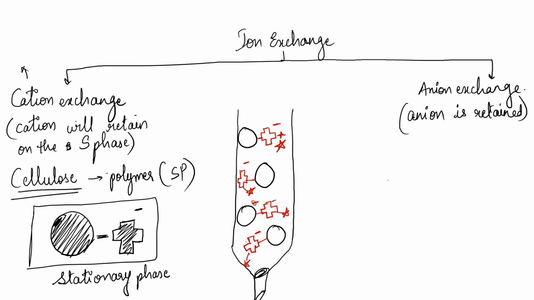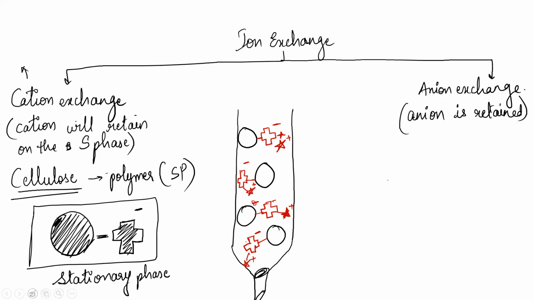Now to a negative charge, who can attach? A positive charge. So this other moiety that is attached to your stationary phase is a positively charged ion. Now this positively charged ion is going to mask the negative charge.